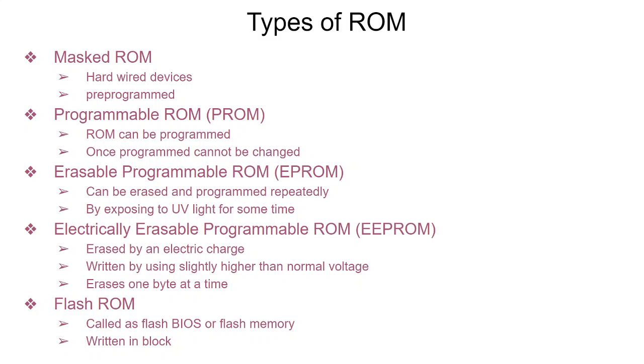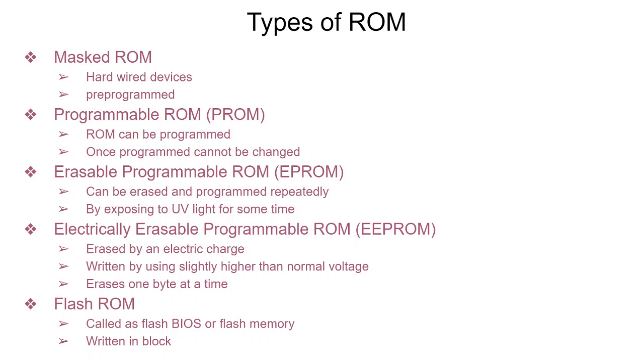There is a device used for that, we call it a PROM programmer, that is used to program this programmable ROM. And the contents, once programmed, cannot be changed later. So that is the advantage, that it need not come as a pre-programmed ROM. The user who wants to program it can program it, and once done it cannot be changed.